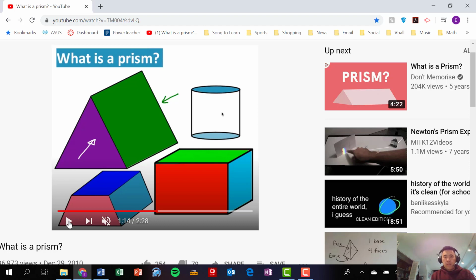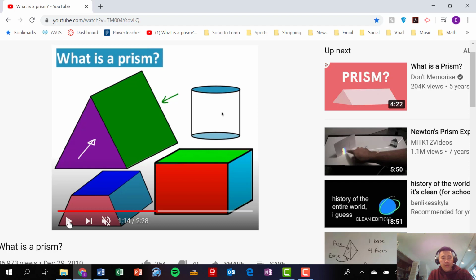The key part about a prism is these two arrows are pointing at the two bases. So there's two parallel congruent faces, also known as bases, in a prism.